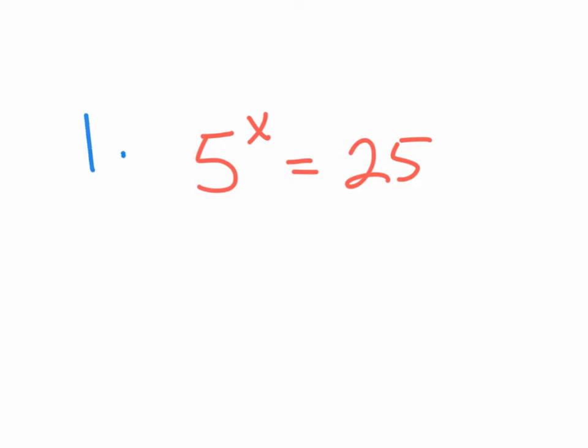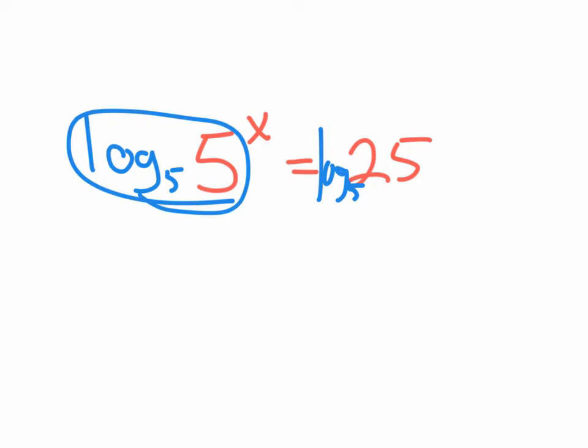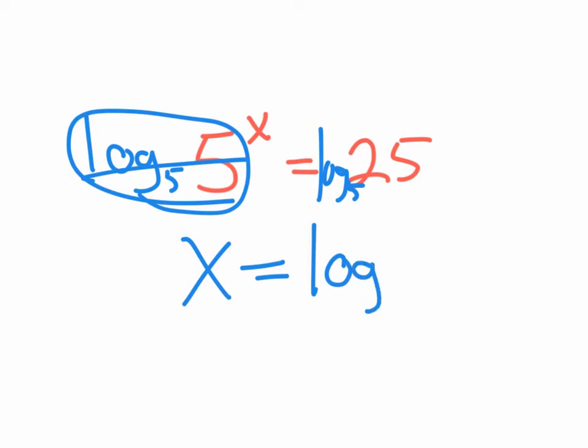I'm going to do log base 5 on both sides. So why would I do log base 5 on both sides? Because log base 5 of 5, what happens? Cancels out. My answer is x. And over here, log base 5 of 25, we already know that that answer is 2.